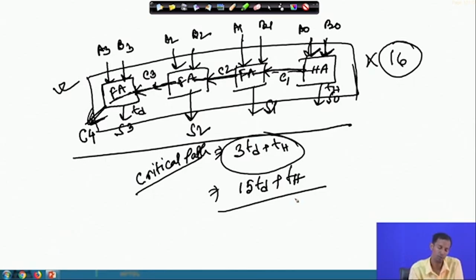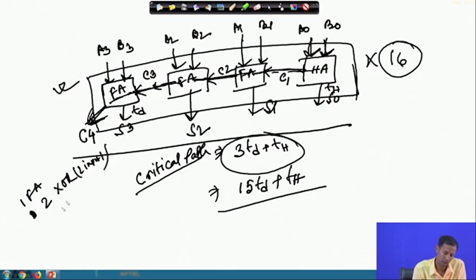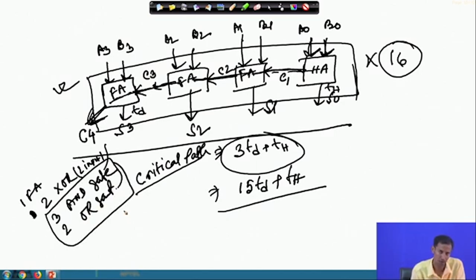Okay. So, what does one full adder cell consist of? It consists of 2 XOR gates with 2 inputs, 3 AND gates and 2 OR gates for implementing the carry logic.